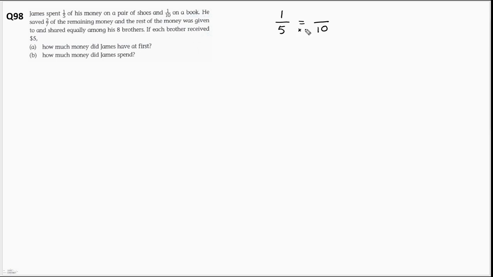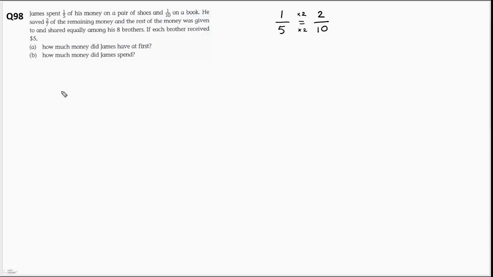We multiply by 2. We do the same to the numerator, and what have we done in effect? We've divided each of these parts into 2. That's why one part becomes 2 parts, and that's something that we see in our bar models. So we know that we can change this fifth into tenths.